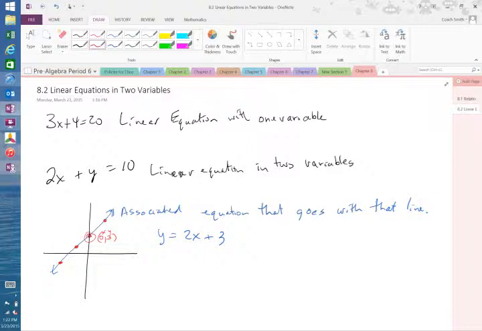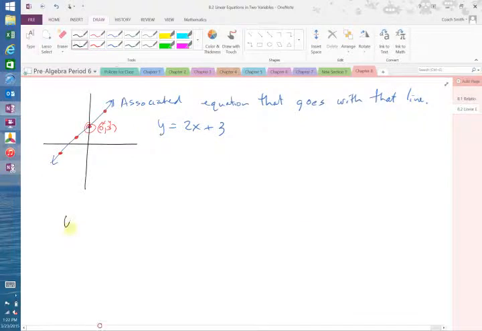Now, let me give you an example of this first way that we're going to look at things. They give us the equation 3x minus 5y = negative 1.